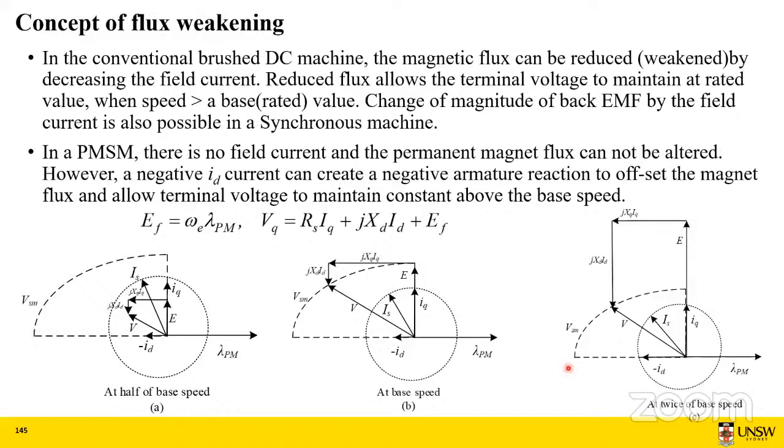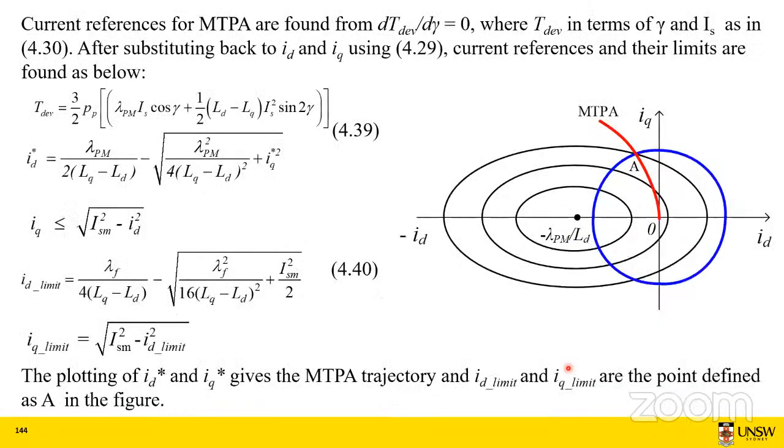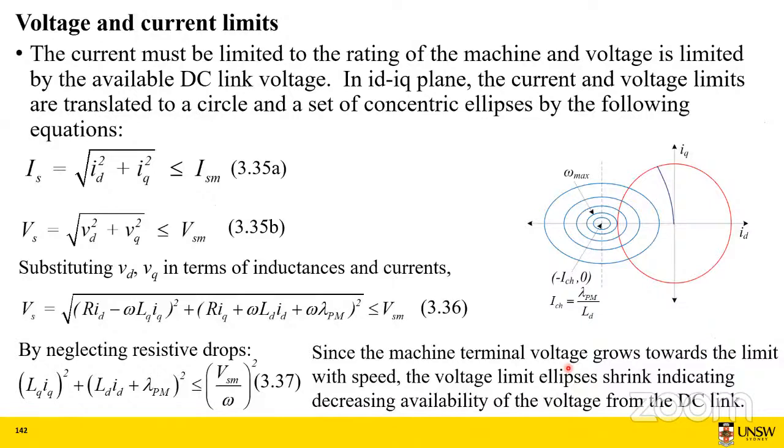If we do not do that, the available voltage will not be sufficient. That's what was represented by these shrinking voltage limit ellipses.